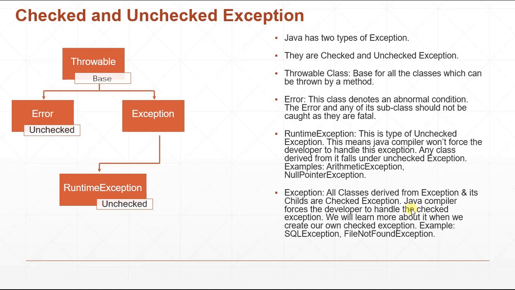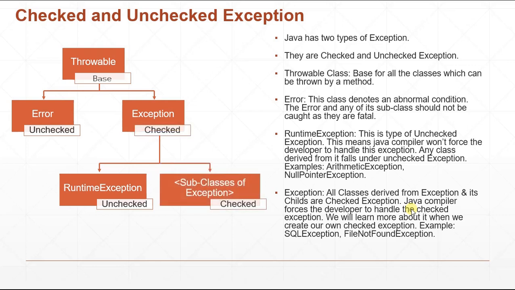Either you can place a try catch block, or you can mark your method with a throws clause if you don't want to handle that exception. So the Exception class as well as all the classes derived from the Exception class fall under the checked exception category.